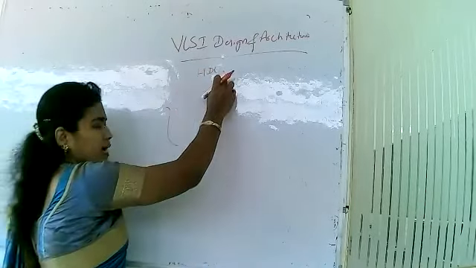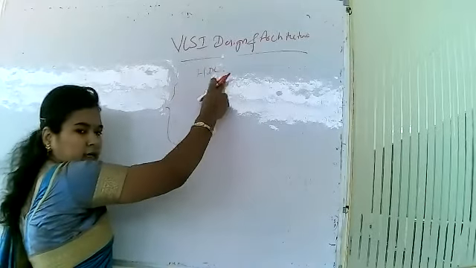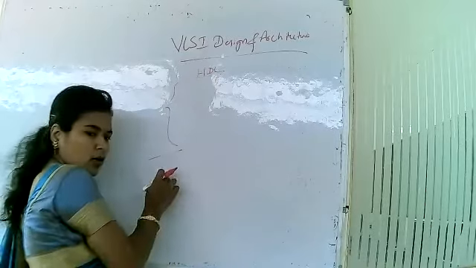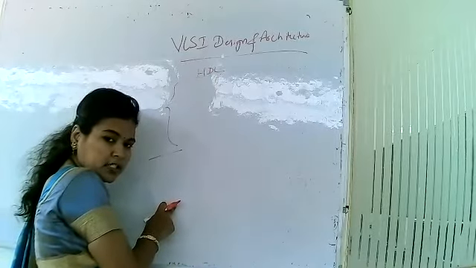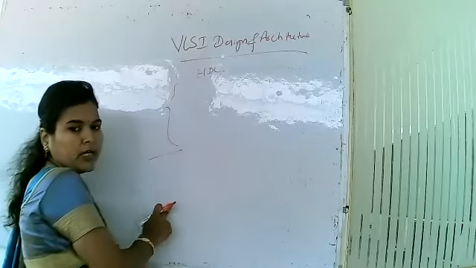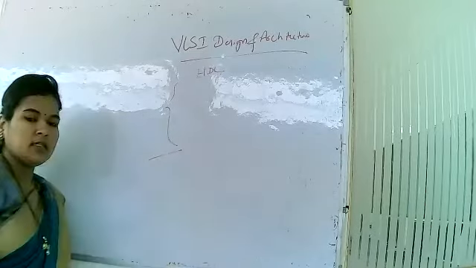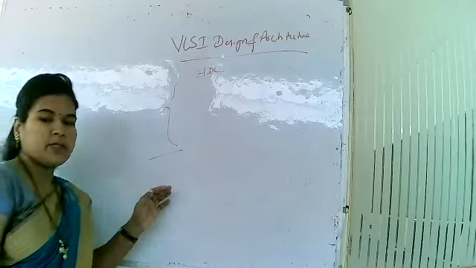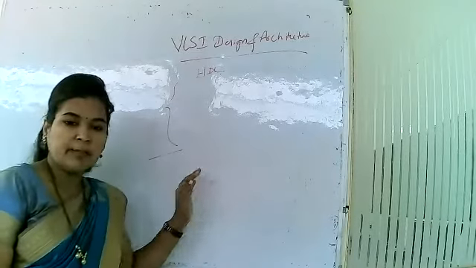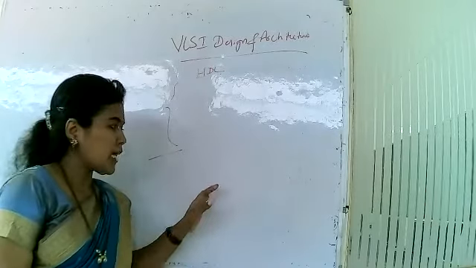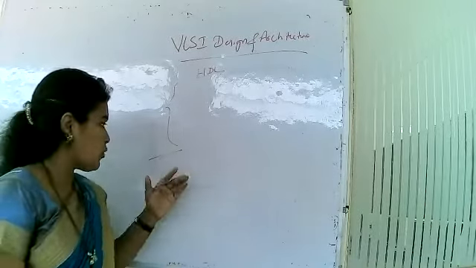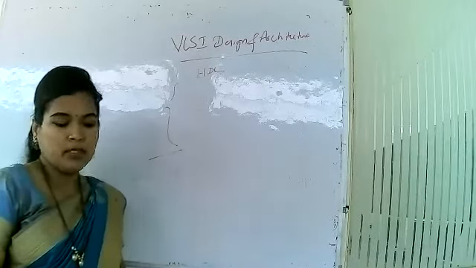To write a program in a hardware description language, you need to know all the instructions, all the data types, and all the modeling types: data flow modeling, sequential modeling, mixed modeling. You have to study all these things. This is the basic unit for you to write the program.